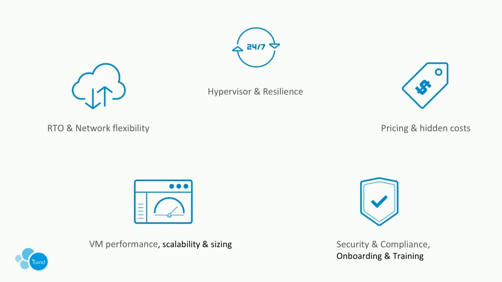Given that this is a quick half an hour session, we're going to be focusing on 3 of those today: Hypervisor and resilience, VM performance, scalability and sizing, and pricing and hidden costs. We will be running another session at a later date to cover security and compliance, onboarding, training, and also the recovery time objectives and network flexibility, as there's quite a lot of content that we could go into on those topics.